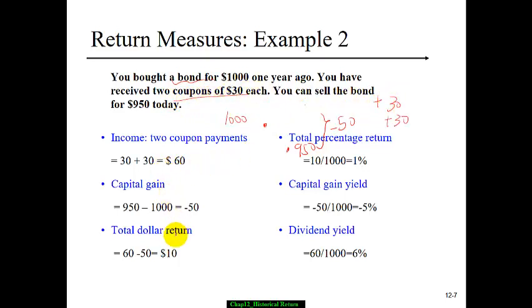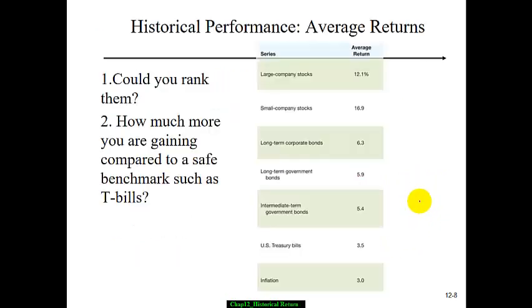So your net total dollar return is $10: 60 from the 2 coupon payments, negative 50 in capital loss. Your initial amount of investment is 1,000. Divide by 1,000, and you can convert to percent returns: capital gain yield and dividend yield. One thing to pay attention to is that capital gain yield can be positive or negative, while dividend yield typically is positive or 0.